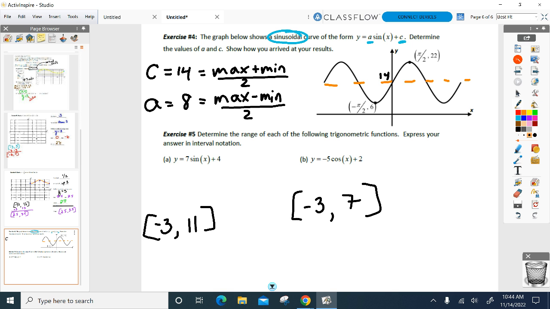Go ahead. Well, how do you do it for B? So it was -5 to 5, right? And then I added 2. -5 plus 2 gave me a new min of -3. 5 plus 2 gave me a new max of 7.